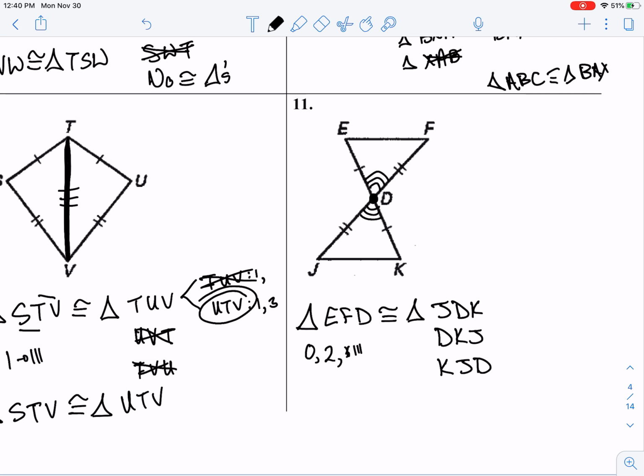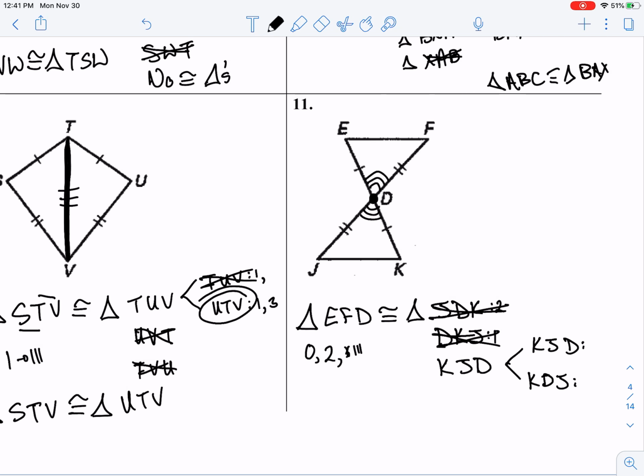So J to D has 2 lines, so immediately this is wrong. D to K has 1, so immediately it's wrong. Now this forces it to be KJD or KDJ.